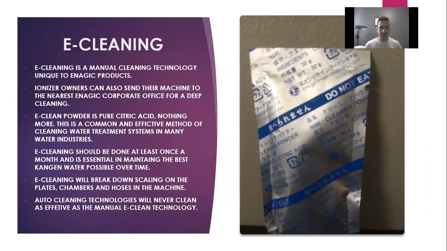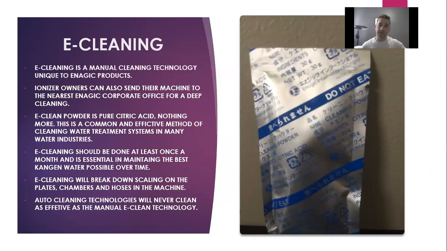Okay, so the kryptonite to an ionizer is scaling. Scaling is when you are separating the waters via electrolysis, and you're concentrating the minerals that are naturally found in the water, so they build up on the plates.